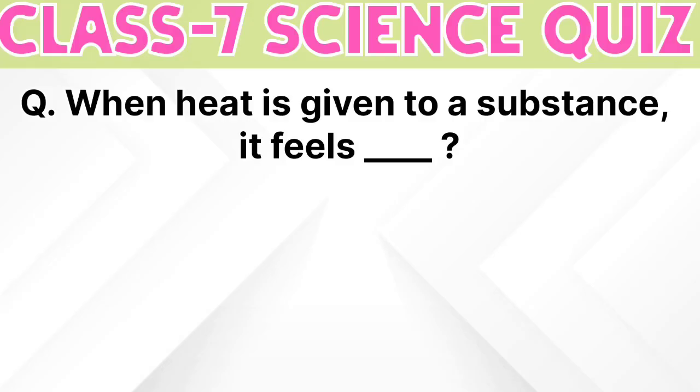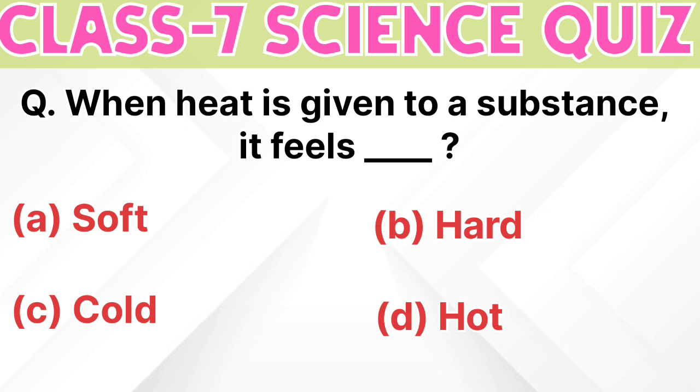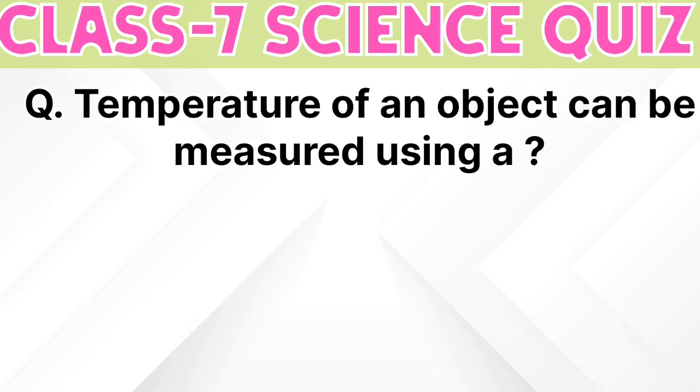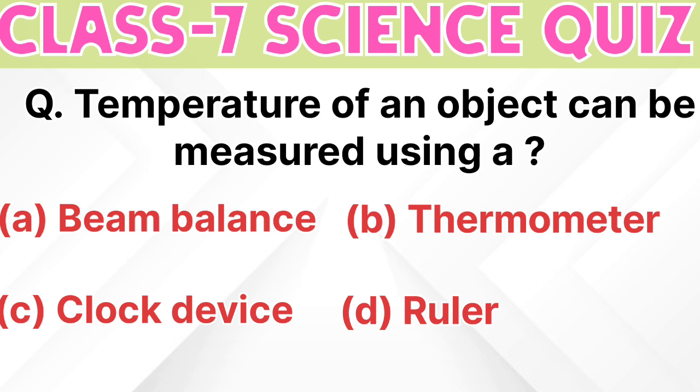Let's start. When heat is given to a substance, it feels soft, hard, cold, hot. The correct answer of this question is D, hot. Now the next question is, temperature of an object can be measured using a beam balance, thermometer, clock device, ruler.